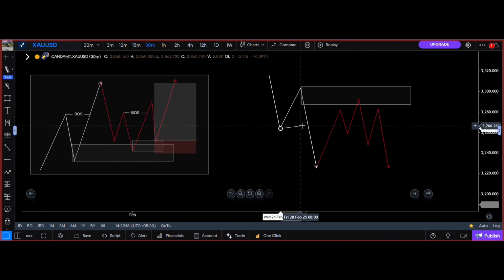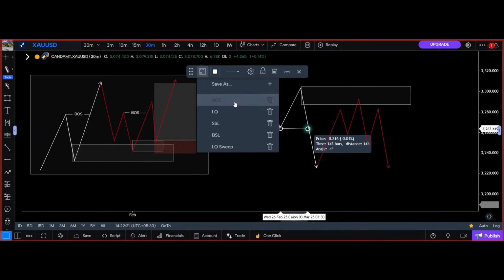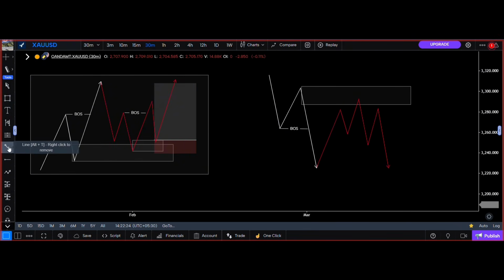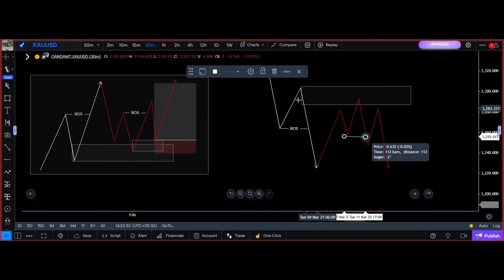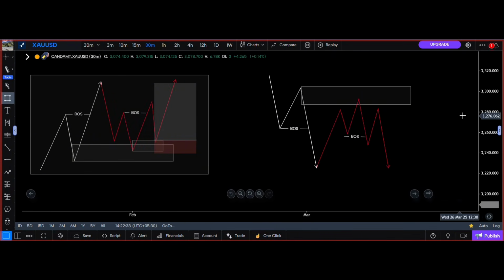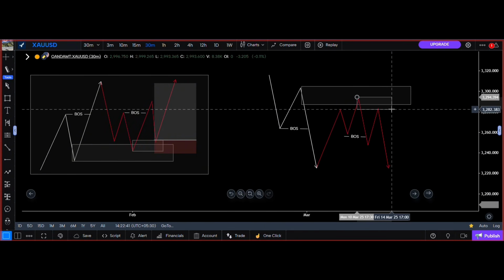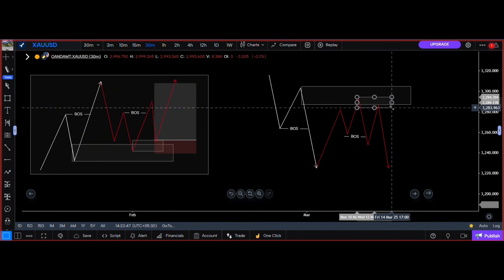We have the 4-hour breakout structure, and we also have the breakout structure in the 15-minute time frame, which is our internal breakout structure. Now we have another supply zone here in the 15-minute time frame, like this.